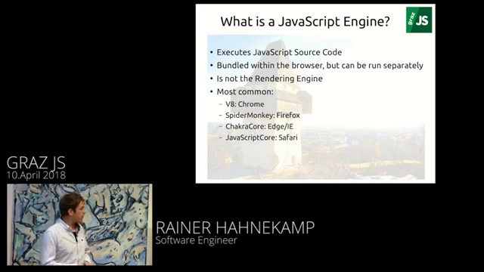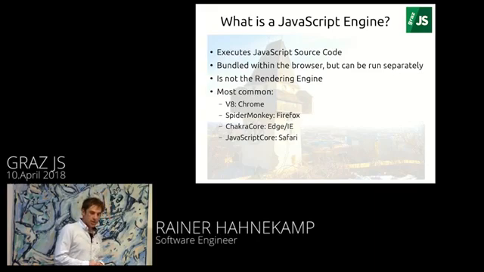So with Chrome we have V8, with Firefox we have SpiderMonkey. Microsoft names its engine Chakra Core, and Apple has JavaScript Core. And as most of us probably know, V8 can run separately, and this is also the engine that is behind Node.js by default.